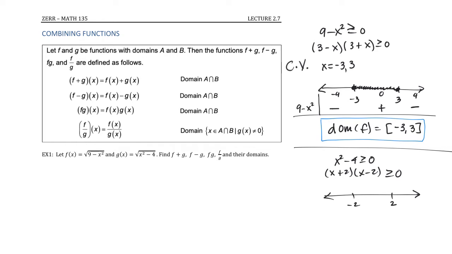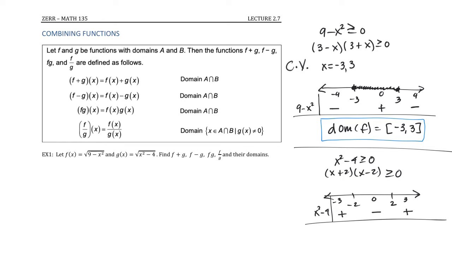And we just think about the sign at, we could say -3, 0, and 3. So I square my input and subtract 4. Here I would get 9 minus 4, so that's positive. 0 minus 4, that's negative. 9 minus 4, that's positive again.